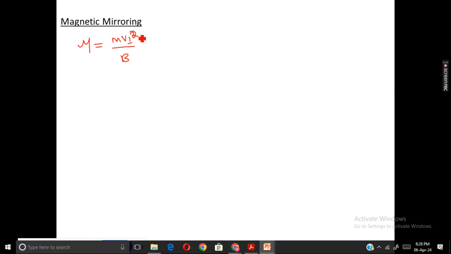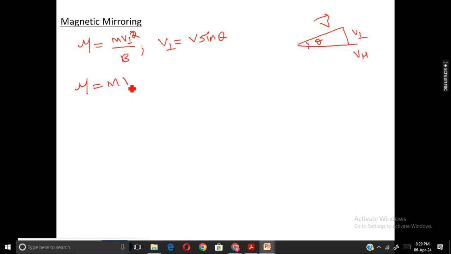From this assumption, this is theta, this is the horizontal, this is the direction of B, and this is the direction of B perpendicular. From this equation we can write B perpendicular is equal to B sine theta. You substitute, it will become m into B square sine square theta by 2B.